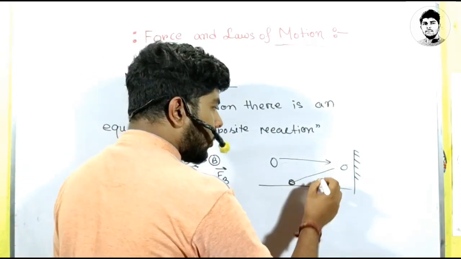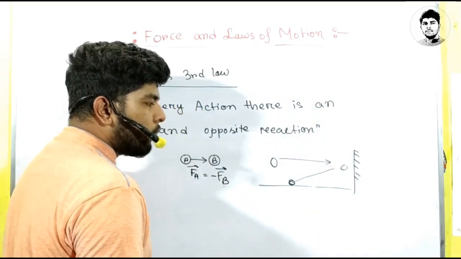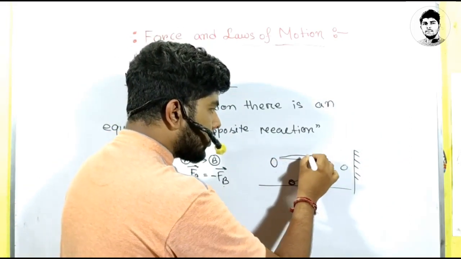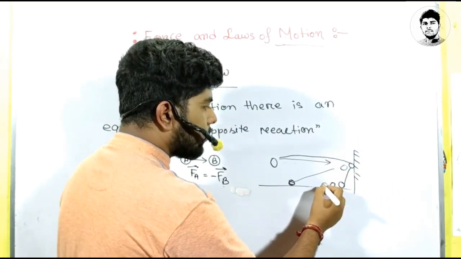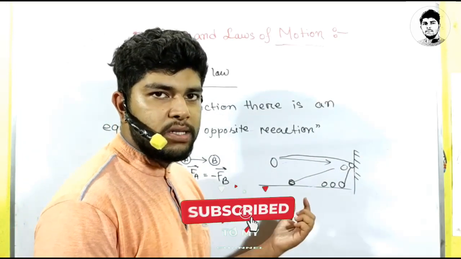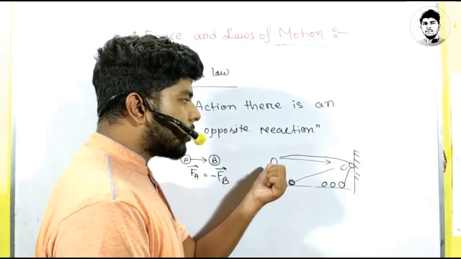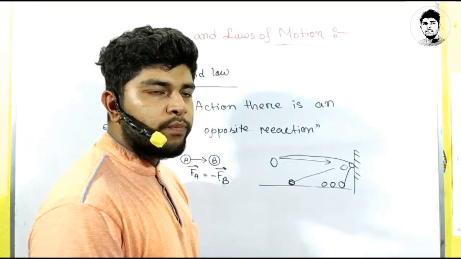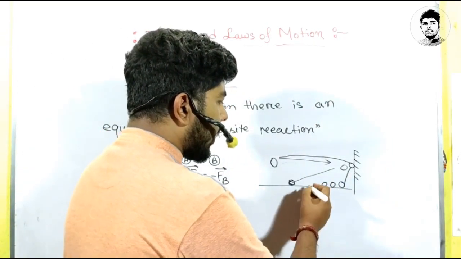And if you throw the ball with a small force, that means if you throw the ball slowly, the ball will return back very slowly, right? The velocity is very less. That indicates that the amount of force which you applied to throw the ball towards the wall is also exerted in the opposite direction, and the value will be the same.